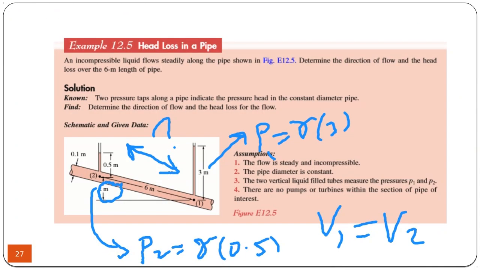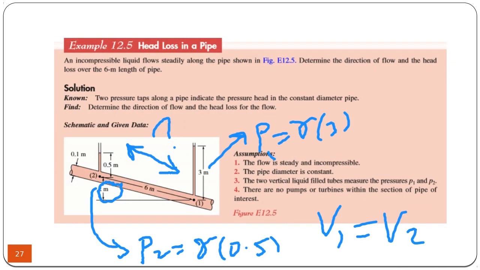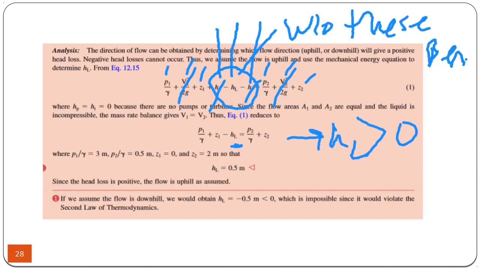So now that the loss term is positive, by the way, we assumed in the beginning of the problem that it's upward, then the flow is upward. If this had turned out to be minus, you would say the assumption that the flow is going upward is not correct. Flow must be going downward.